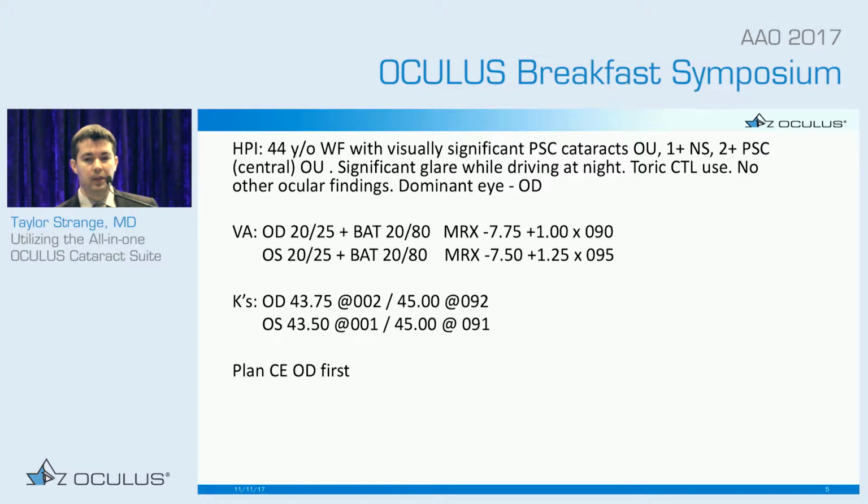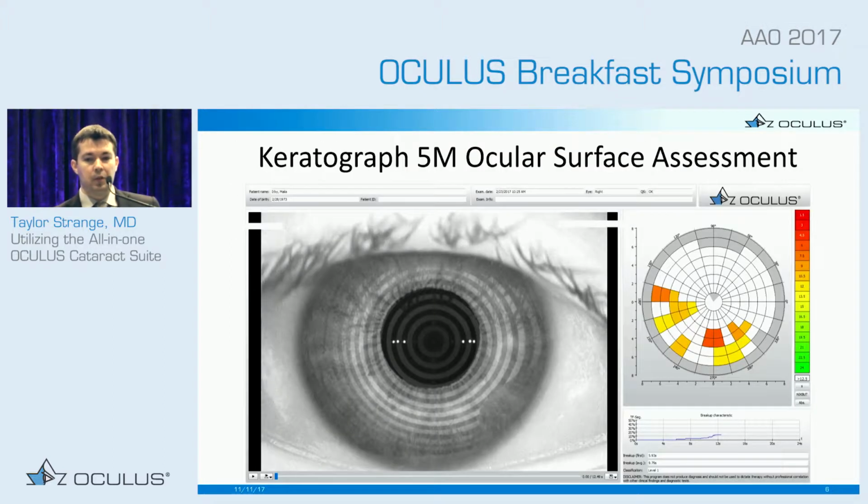Her auto Ks matched what the manifest said. I'm planning on doing her right eye first, but of course, the Keratograph 5M really helps me in looking at ocular surface pathology prior to cataract planning. She's a level 1 here, so treating her with just artificial tears and tuning up her cornea prior to cataract surgery is very helpful.